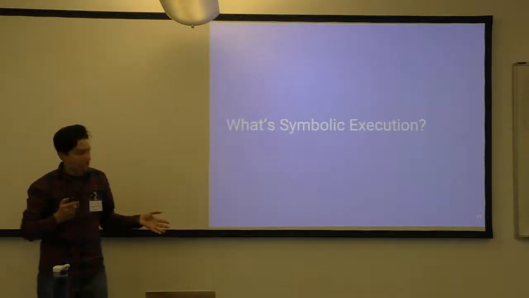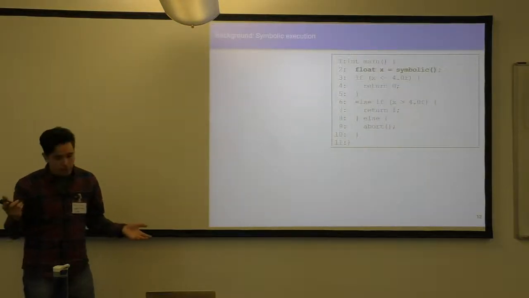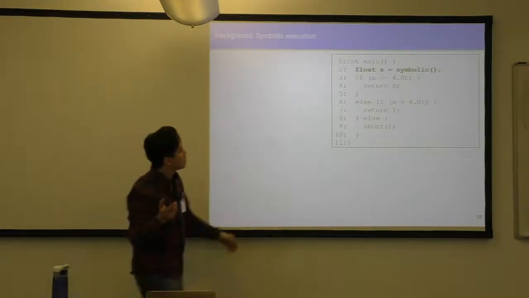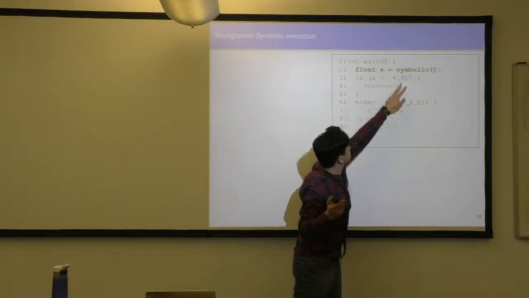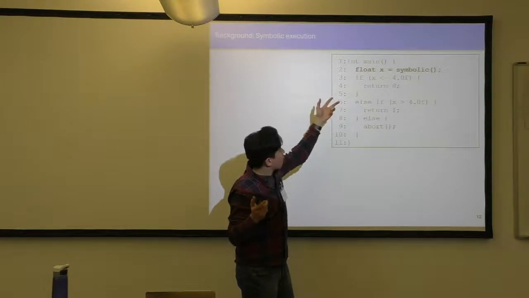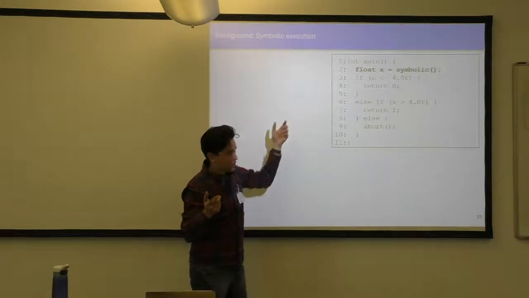So just in case you've never seen symbolic execution before, what is it? I'm going to illustrate this with just a small example. Here's another C program, and what we have up here is it says float x equals symbolic, and what that means is we're going to try and execute this program not knowing what x actually is. So it's a symbol.